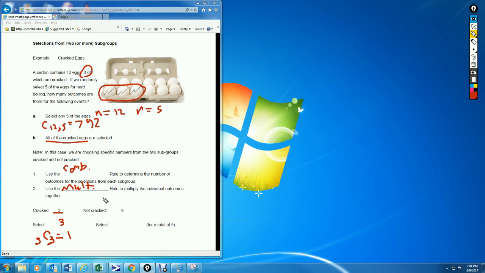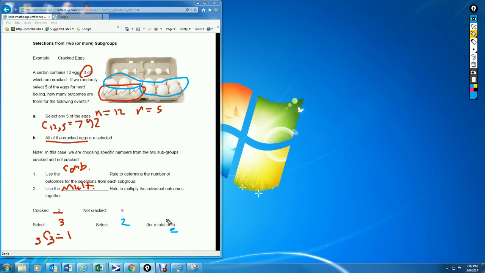So I still need to choose 2 more eggs because I want 5 total. What is left is a total of 9 not cracked eggs. That is all of these guys. So out of the not cracked eggs, I want to select 2 because I need to have a total of 5. That was stated in the problem.